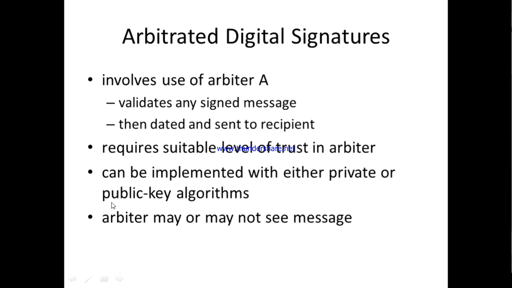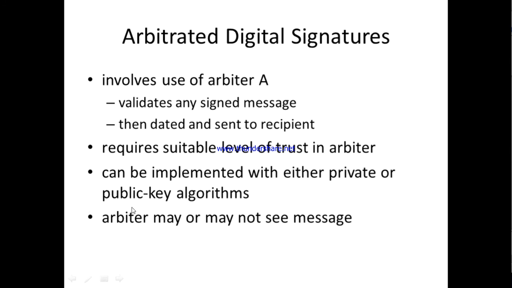Coming to the public key algorithm, both private and public keys will be available, okay? And the third party is going to verify whether it is encrypted with the private key of the sender or not, okay? In this arbitrated digital signature, the arbiter may or may not see the message. If the arbiter can view the message, the trusted third party may read the message, okay?